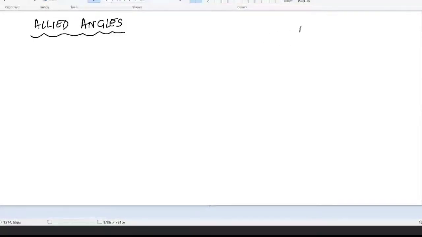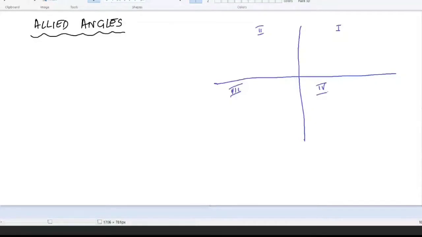So we have 4 quadrants as before. This is the first quadrant, second quadrant, third, and the fourth quadrant. And we know in the first quadrant, all students take coffee: all 6 trigonometric functions are positive.